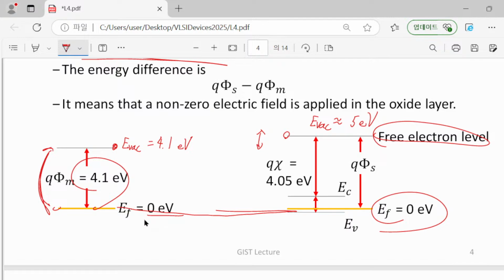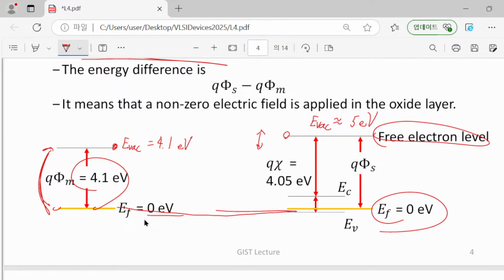Quite similarly, now we have two different systems, a metal and a semiconductor, silicon. When they are attached together, we can also expect a certain built-in electric field. So this is the case.